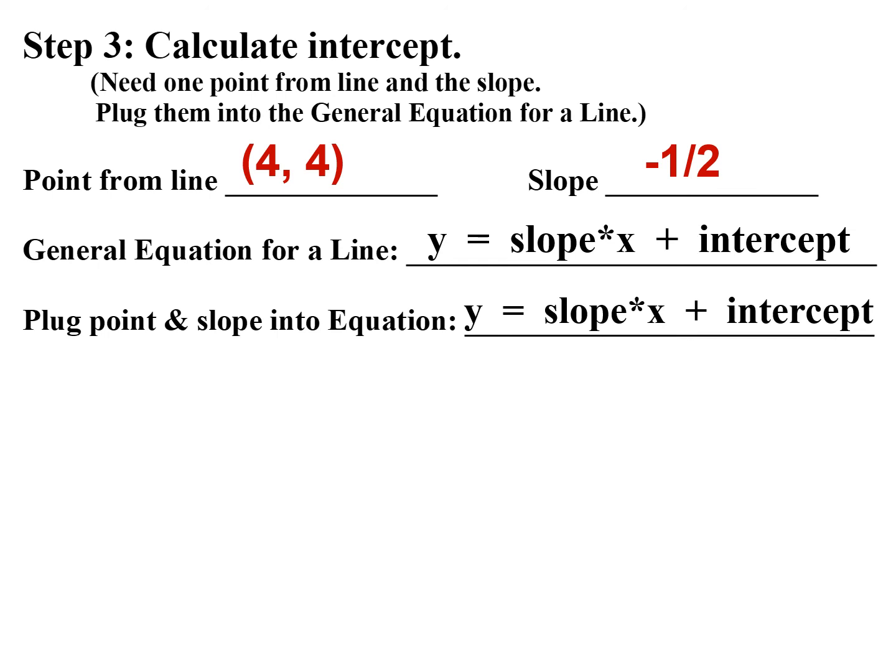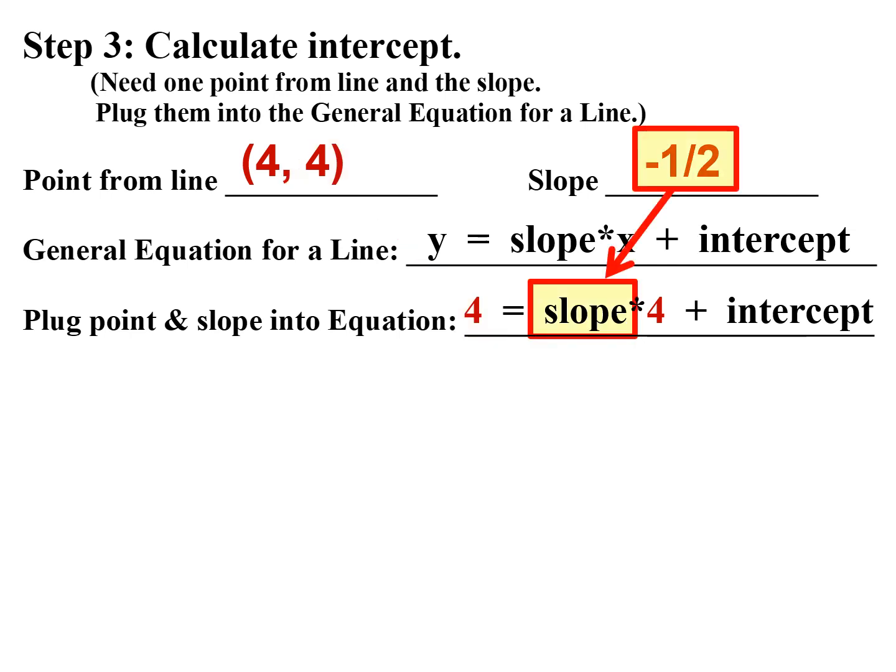First, let's assume that you chose the point 4, 4. The x-coordinate of the point is 4, so we'll plug that in for the value of x. So in our equation, the 4 goes where the x was. The y-coordinate of the point is also 4, so we plug that into our equation for y. So here we've plugged in that y-coordinate for y in our general line formula.